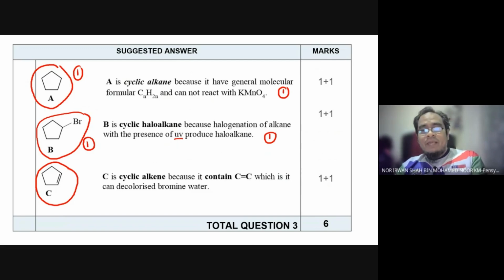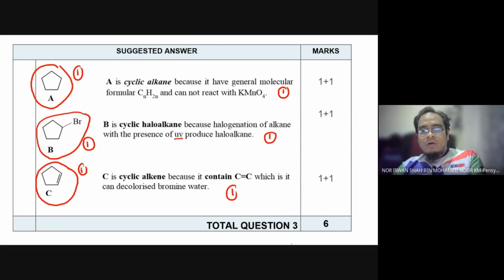Jadi dalam kes ini, cuma dekat sini saya pun tak pasti kenapa dia letak boleh decolorise bromine water ni. Ini sebenarnya saya rasa tak payah. Ni tak tulis pun tak apa sebenarnya. Jadi you buat sedikit explanation here, you dapat satu markah. Jadi satu markah untuk ni, satu markah untuk ni. So all together guys, untuk question number 3, okay, sorry, bukan question number 3, ini question number 4 actually.